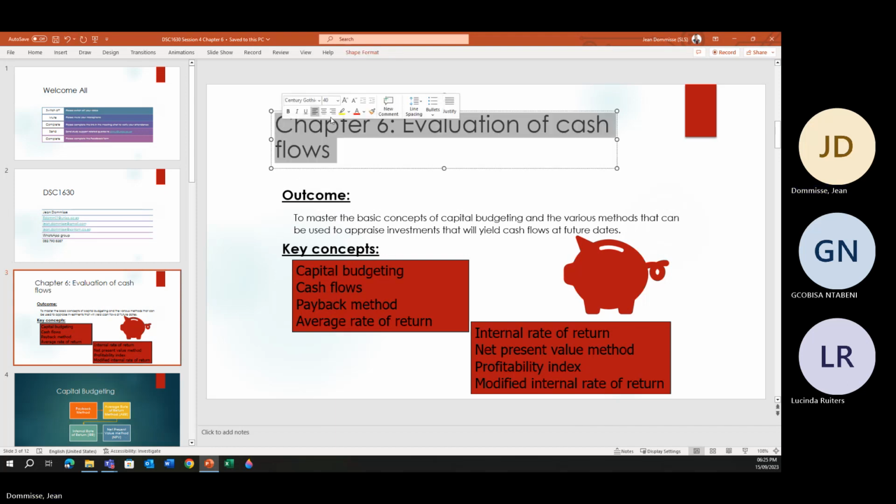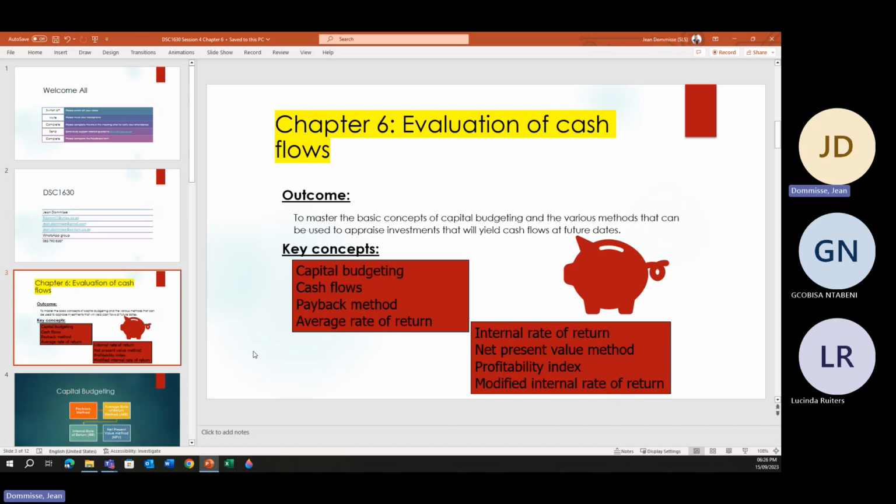So what I'm going to show you as we start this one is there's a few concepts that we need to know, but then there is a few methods that we will need to look at. So we will need to look at the payback method, which doesn't really normally come into your question sets.